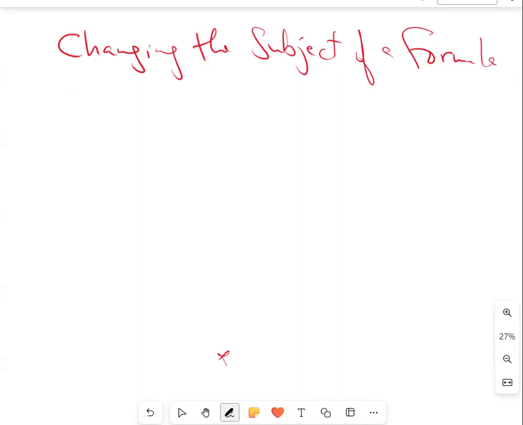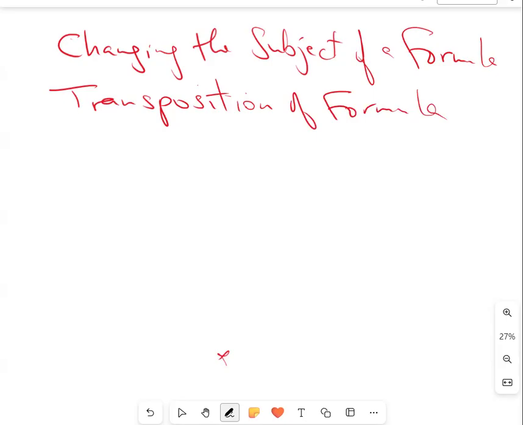Or sometimes you see this phrase, transposition of formula, big word.